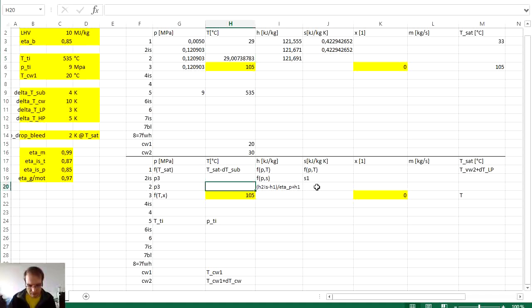So just to make it complete, the temperature is a function of pressure and enthalpy.